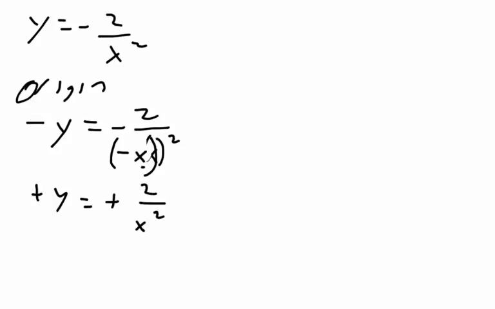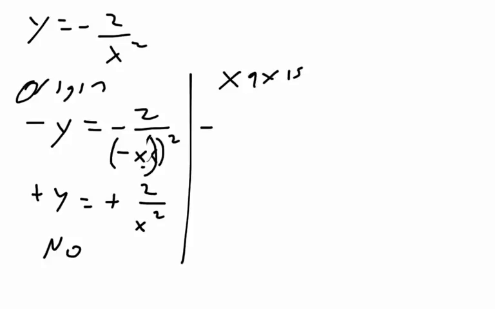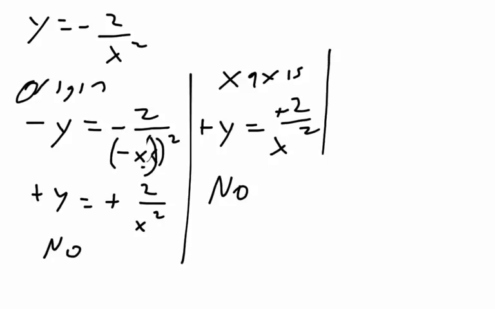The two negatives can be positive, but we still don't get back to our original, so the answer here is no. When we do the x-axis, we change y to negative y. Once again, we can change the two negatives to a positive, but we still don't get back to our original, so the answer here is no.